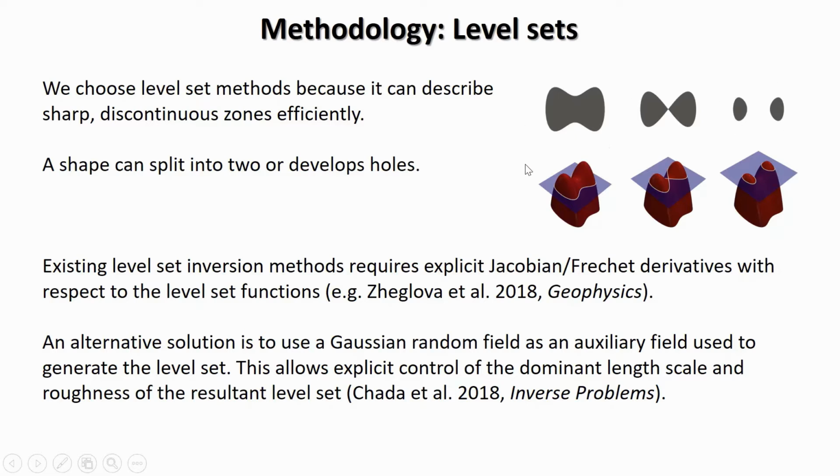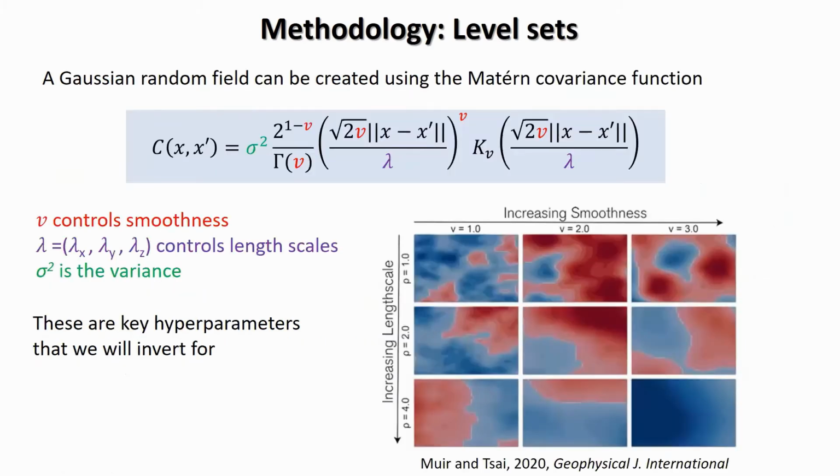And we're going to use this approach here to allow us to zone our inverse solution. So we generate a random field, and for the random field we use the Matern covariance function, as shown here. And basically it consists of a number of key parameters.